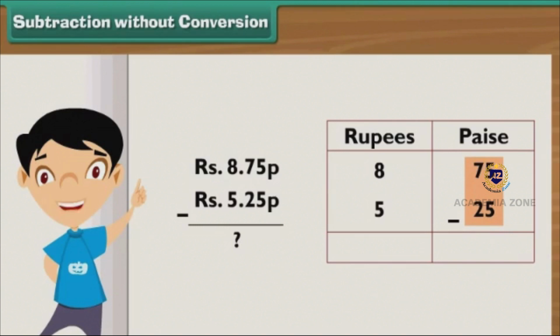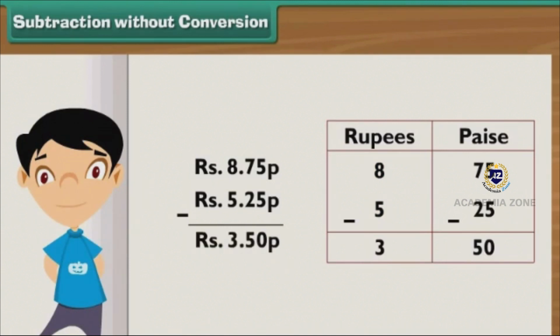Subtract 25 from 75 to get 50. Write 50 in the paise column. Subtract 5 from 8 to get 3. Write 3 in the rupee column, so the answer is 3 rupees 50 paise.